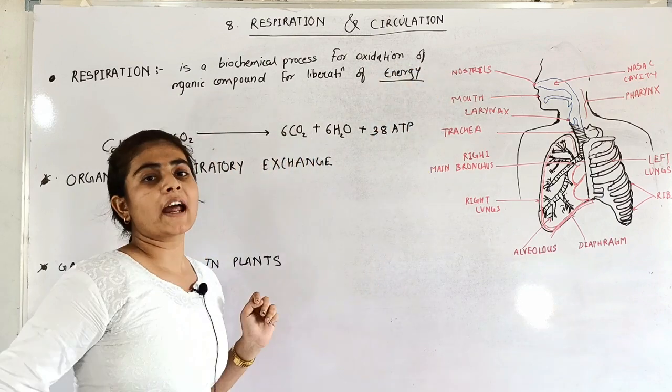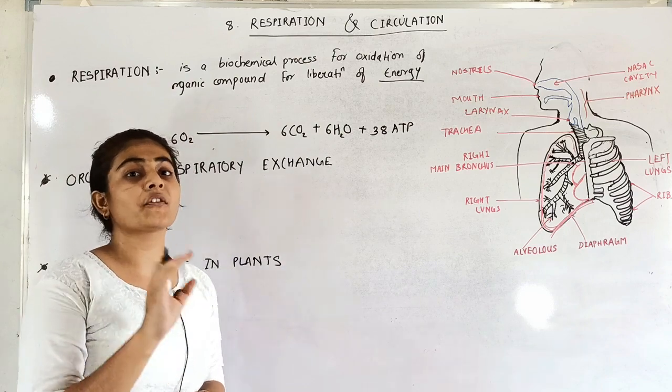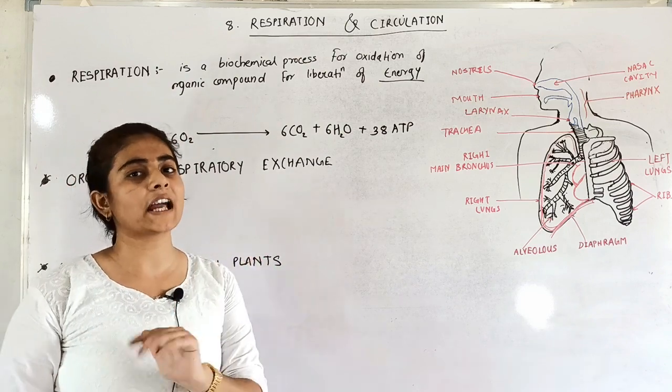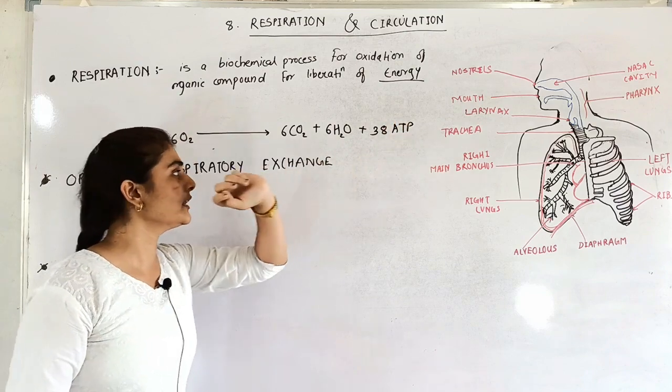Energy here means adenosine triphosphate. Our human body requires energy in the triphosphate form, not in a diphosphate form. So here ATP is adenosine triphosphate.